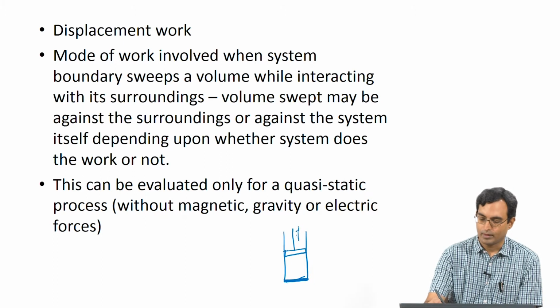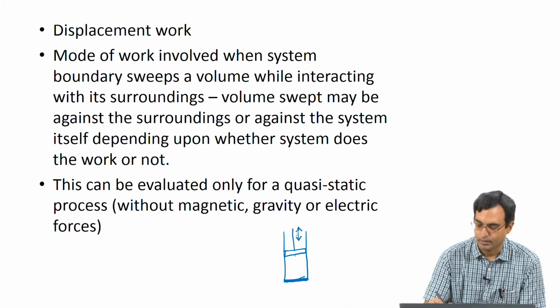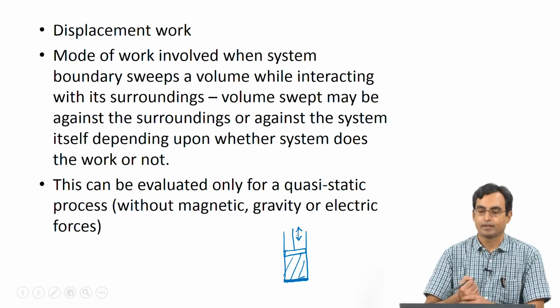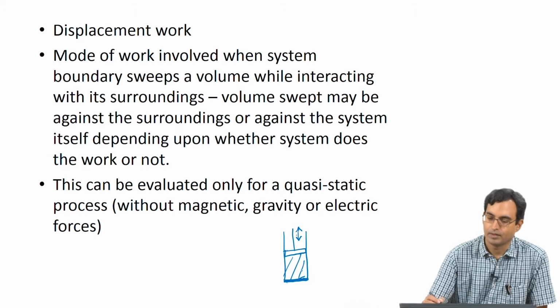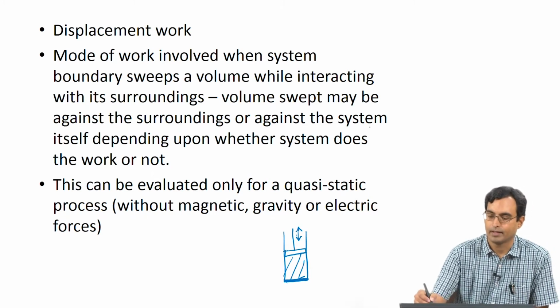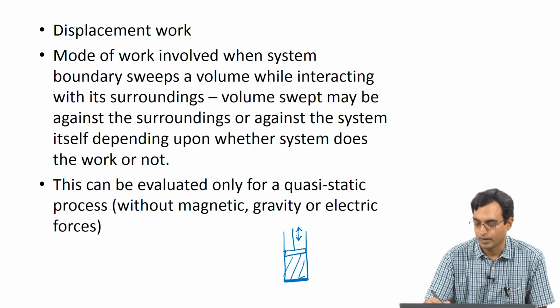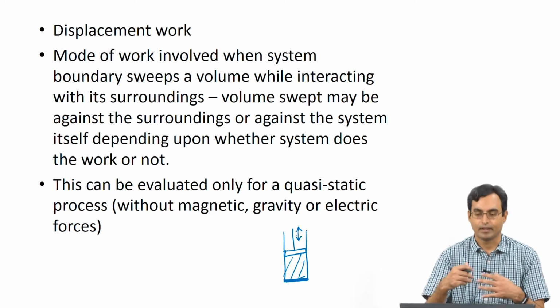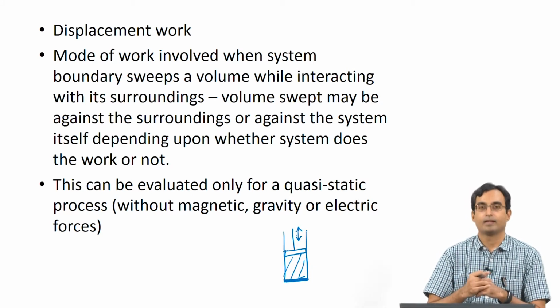So, when this piston moves, the volume of this control volume, which is here, increases or decreases, and as this piston moves, it sweeps a volume which may be against the surroundings or against the system. So, if this piston is moving upwards, then the volume of the control volume or system which we have here is increasing, and then we would say that this volume is swept against the surroundings and the work done is positive.